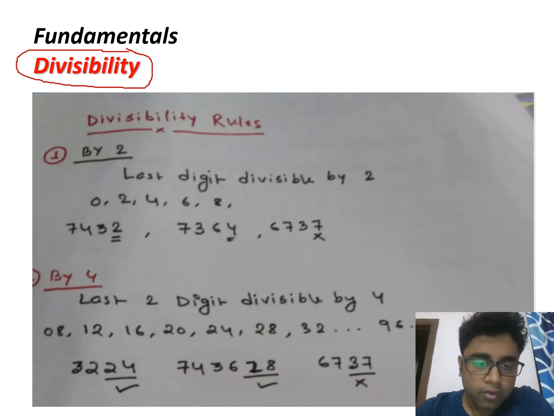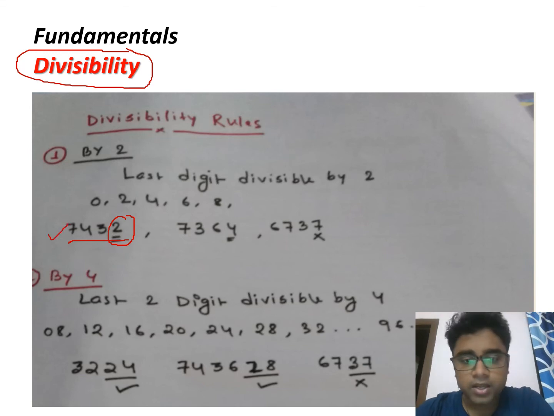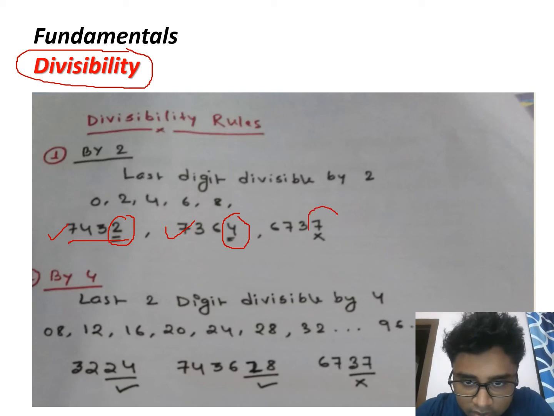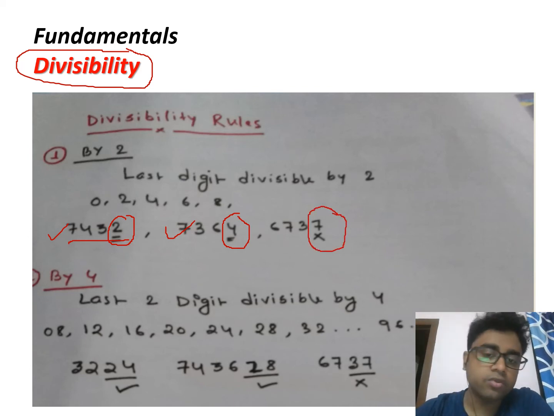If you check this number, the last digit is 2 and it is divisible by 2, so the whole number is divisible by 2. Similarly here the last digit is 4 which is divisible by 2, so the whole number is divisible by 2. Here the last number is not divisible by 2, so the whole number is not divisible by 2.